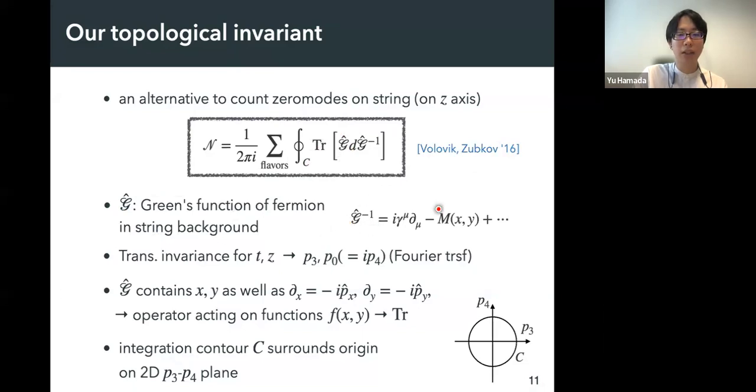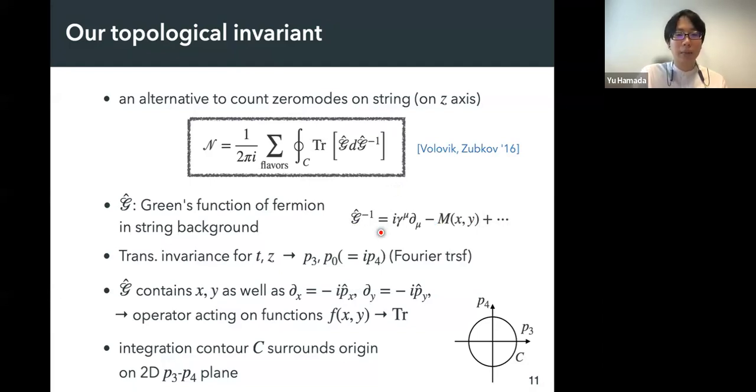For example, when we consider a Z string along the z axis, then this Green's function should be like this formula. This is just the usual kinetic part, and this is some mass that also has xy dependence due to the existence of the string, and some non-trivial parts, for example the gauge coupling, and so on.